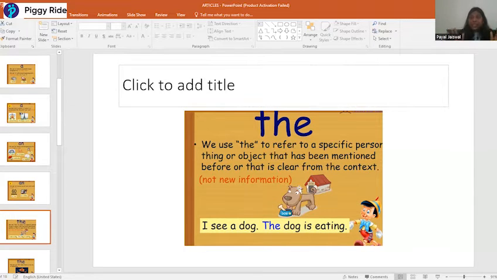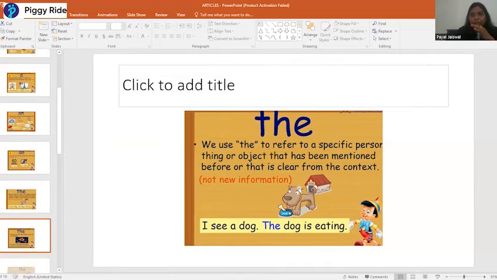So we use the to refer to a specific person, thing, or object that has been mentioned before, or that is clear from the context point of view. Like, I see a dog. The dog is eating. I see a girl. The girl is dancing, right?